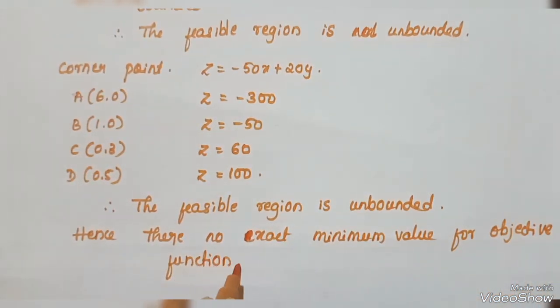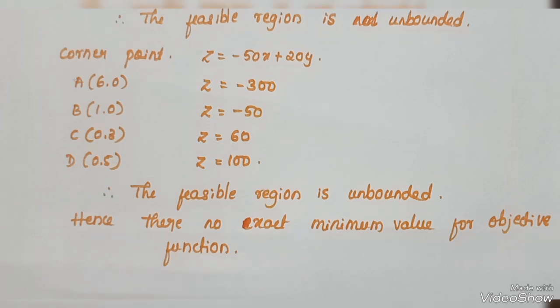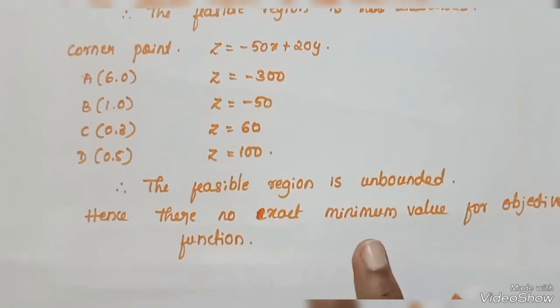This is the solution for the unbounded condition. When they give a bounded condition, we directly say it is the maximum point and minimum point. But when we get an unbounded region, we can't write any maximum or minimum value. Up to this much, example number 4 is completed.